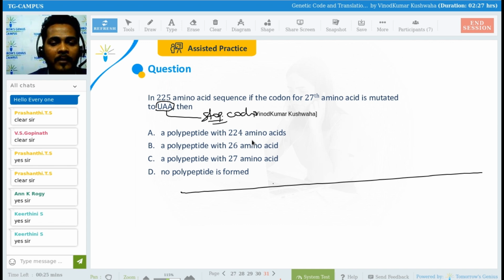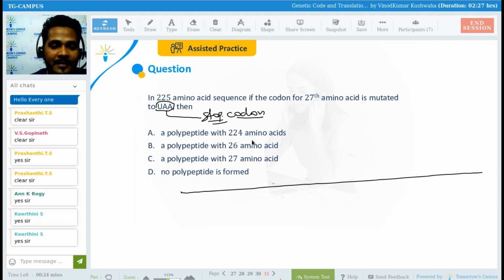With UAA, the process of translation will be terminated because UAA is a stop codon. So the translation of the 2 to 5 amino acid sequence will be terminated at the 26th amino acid.